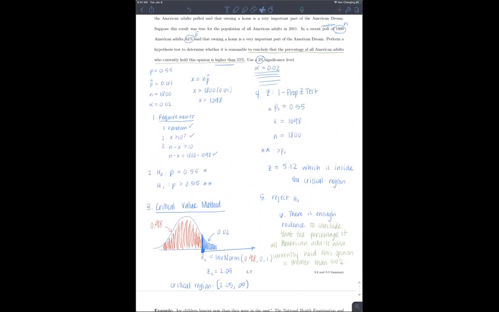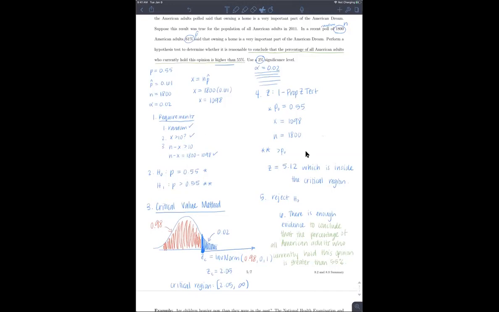So do you guys have any questions about this problem? Does this make sense? So we don't have to state alpha in our conclusion? I remember because last time when I was taking stats, last year, our professor would say you're supposed to say there is enough evidence to conclude that the percentage of all American adults at the alpha level of 0.02 is... Yeah, great.